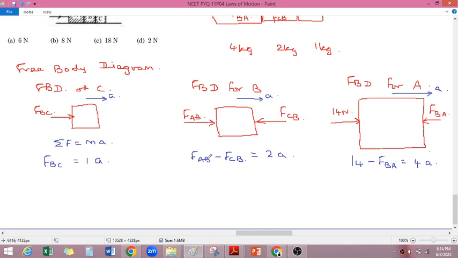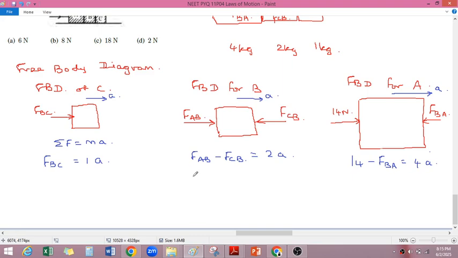So I can substitute FBC is equal to FCB. So that means I can put A over here. You may be thinking, sir, is it not minus A? Well, we already took care of the direction. So you should not put minus A here, because the direction is already taken care of. Only the magnitude you have to put, and the magnitude is A.